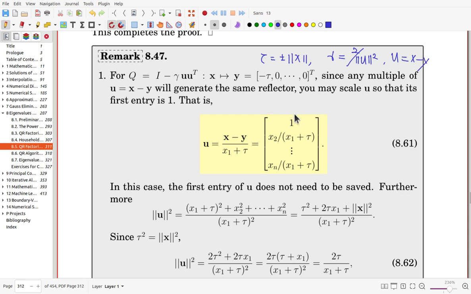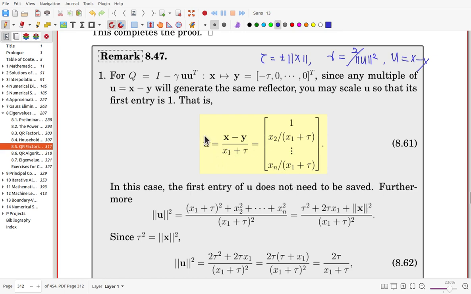Now, once you try to get x minus y, for x, the first component will be changed into x1 plus tau. Originally, for x minus y, we have here x1 plus tau. And we scale it, then now it'll be 1, and we have these quantities.